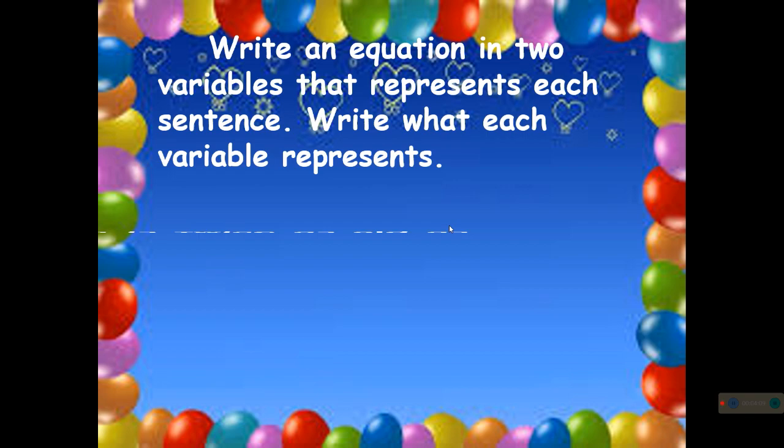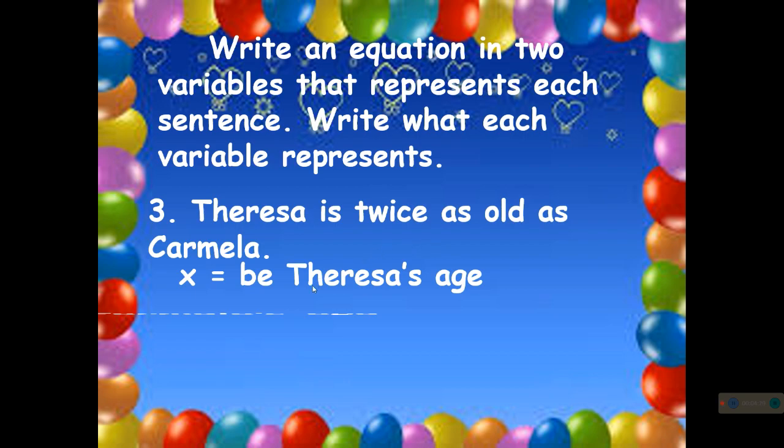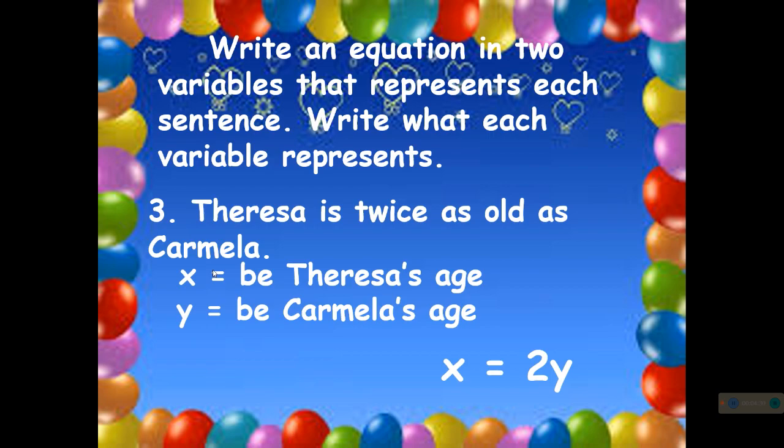We have Teresa is twice as old as Carmela. Okay? So how are we going to translate this? Of course, let's have first our representation. Let's have X be Teresa's age and our Y will be Carmela's age. And for our equation, Teresa is X, so X is equal to 2Y because we have here twice as old as Carmela. Okay? Question? Okay, so let's proceed.